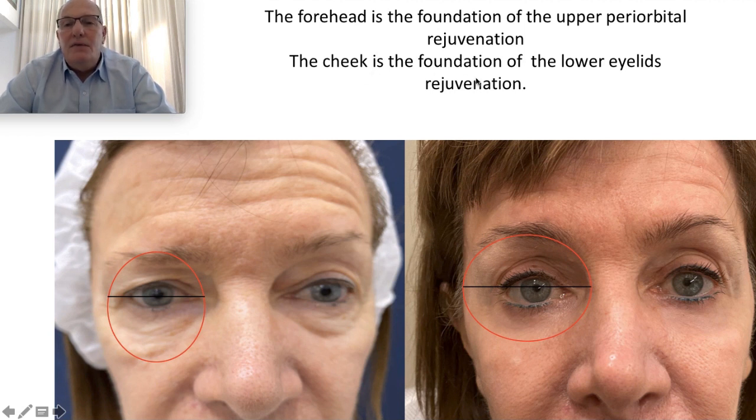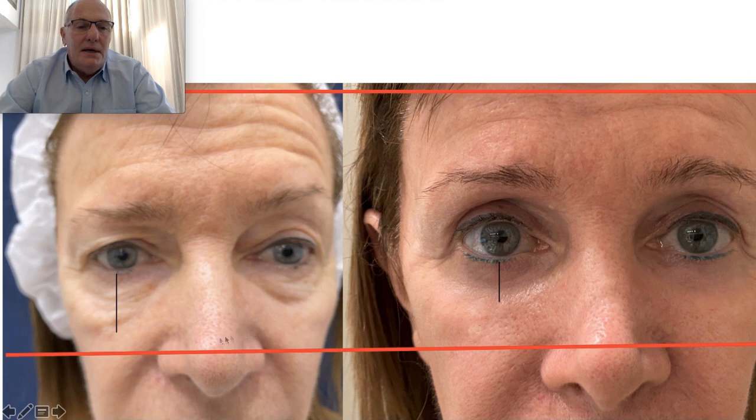The cheek is the foundation of the lower eyelid rejuvenation. If in this patient I use carbon dioxide laser but I don't fill the malar area, I'm not going to get this result.